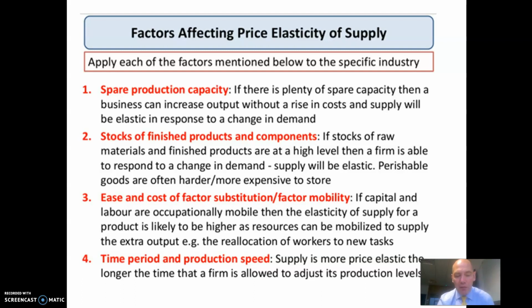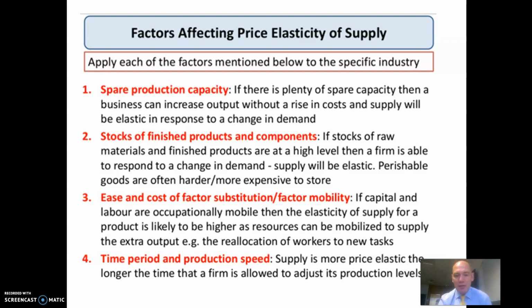The fourth point, time period and production speed. Obviously, if you are able to produce something relatively quickly, let me just think of an example, even a smartphone, which presumably takes a few hours from the start of the process to the end of the process to make, and again most of that will be made using robotic technology.